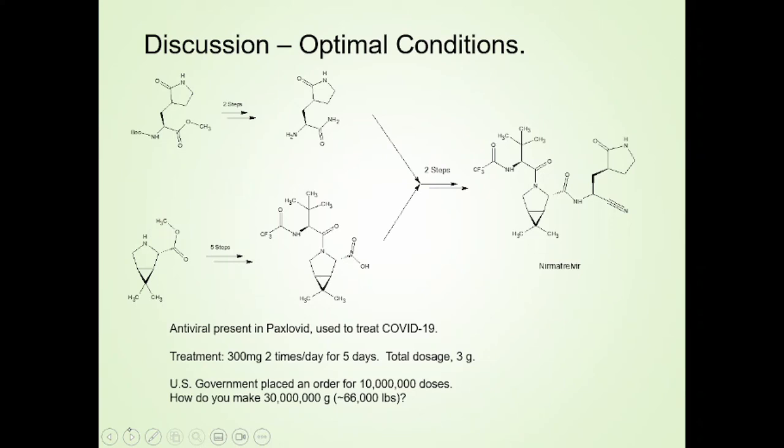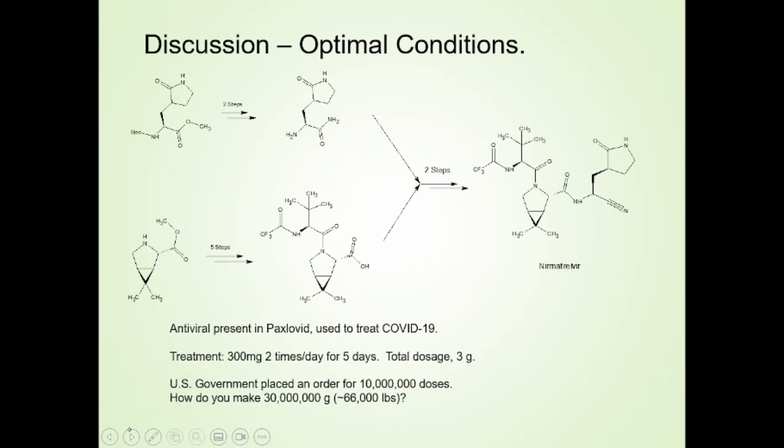This is the synthesis that's used. This is an amino acid, N-protected and ester protected there, and it's got this pyrrolidine group on it. That they can buy this in multi-ton quantities isn't too surprising, but a couple of steps, they convert it to the amide there. This one I was actually surprised.